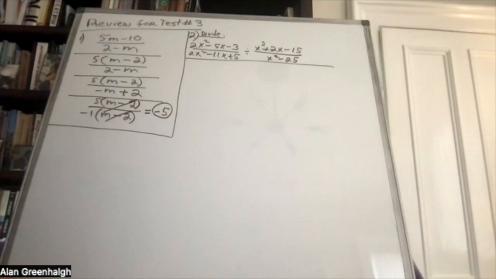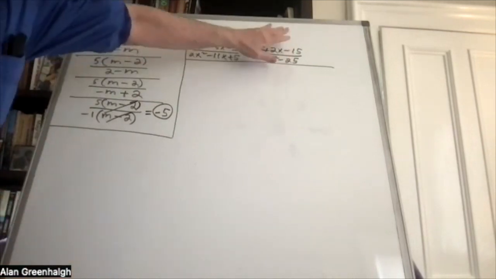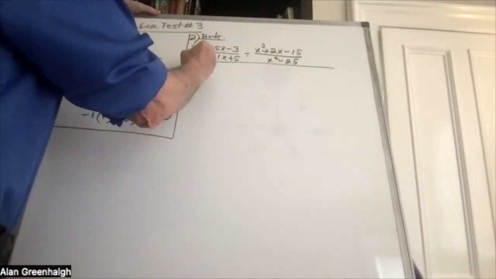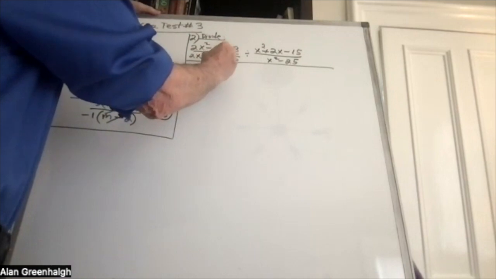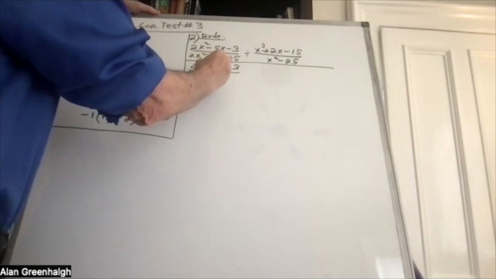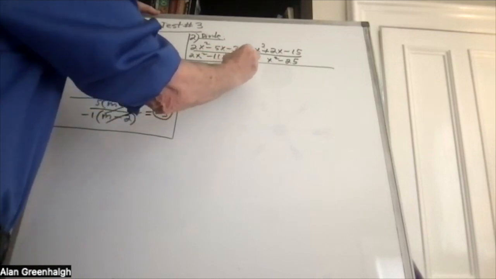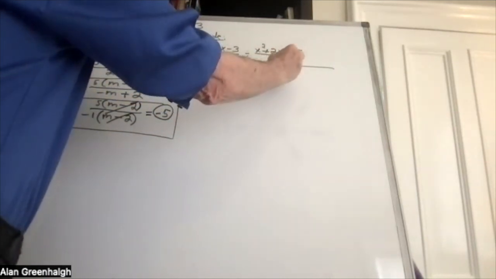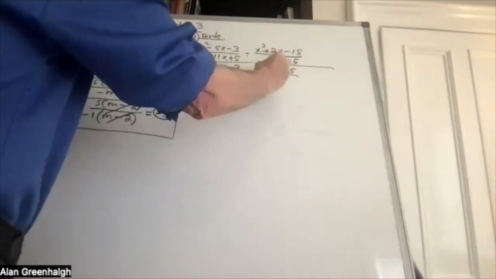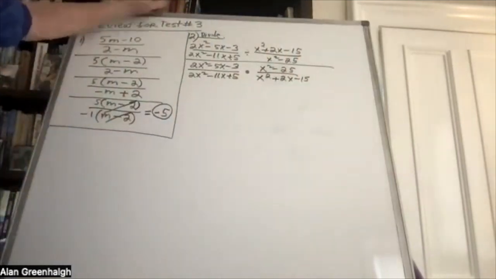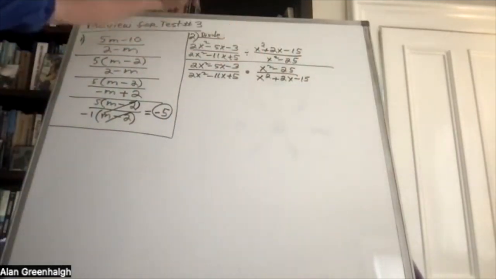Okay, so you write the problem. The next step is to take the second fraction and flip it over. So I'm rewriting the first fraction, and then we multiply x squared minus 25 over x squared plus 2x minus 15. All I did was take this fraction and flip it over.